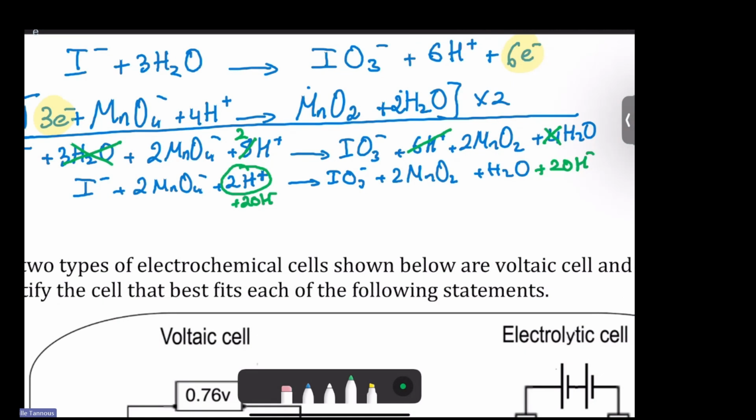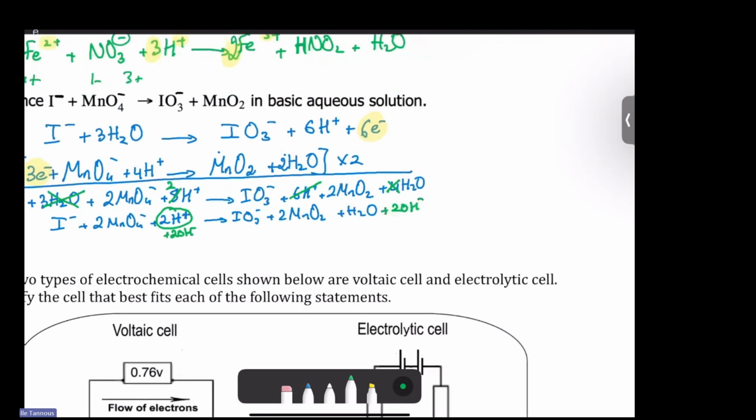So the rule is as follows: you count how many H plus you have and you add OH minus as much as H plus available in the equation. But in order not to disturb the balancing of atoms and charges, whatever you do on one side, you have to do on the other side. So 2OH minus, 2OH minus.